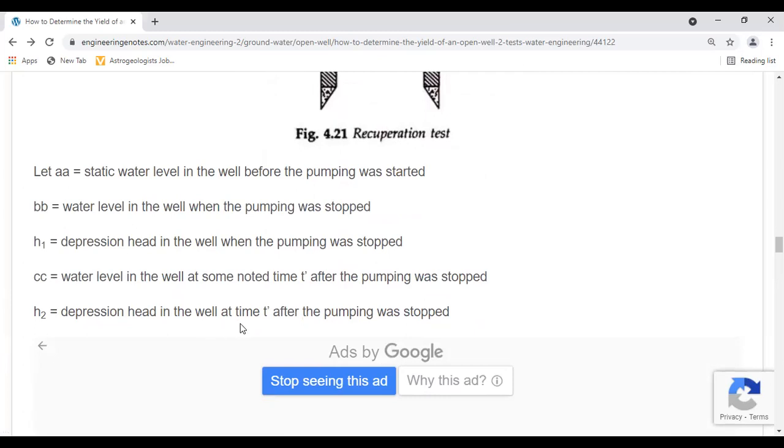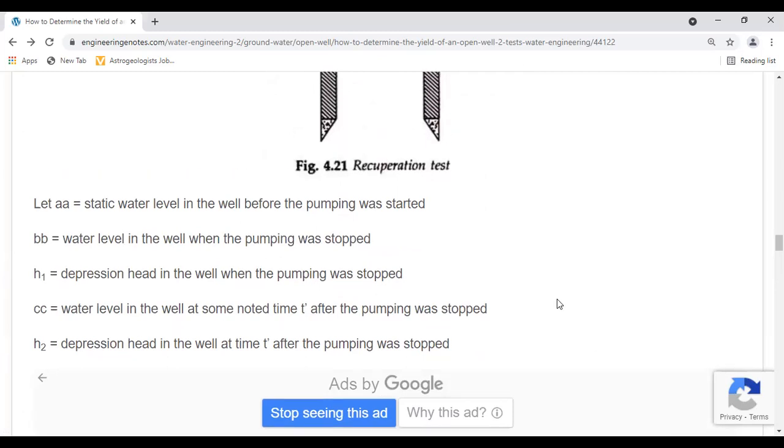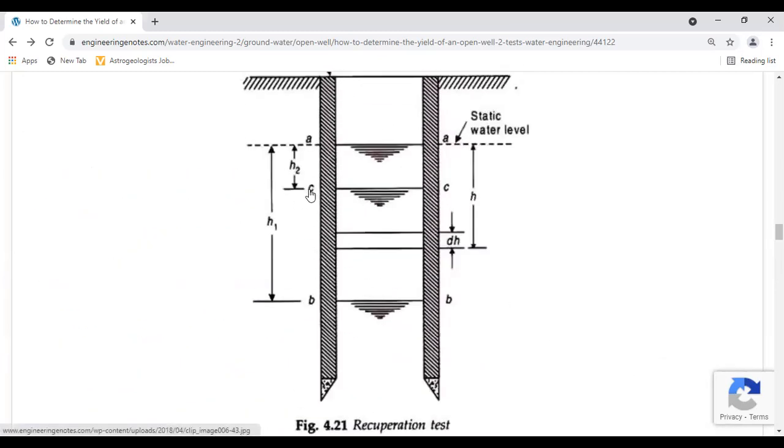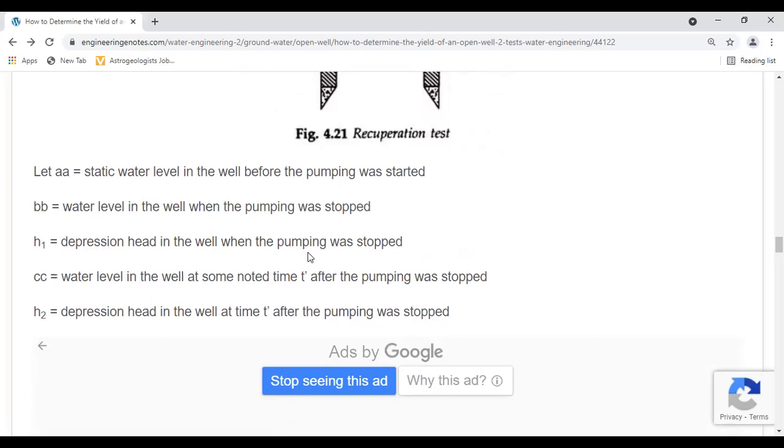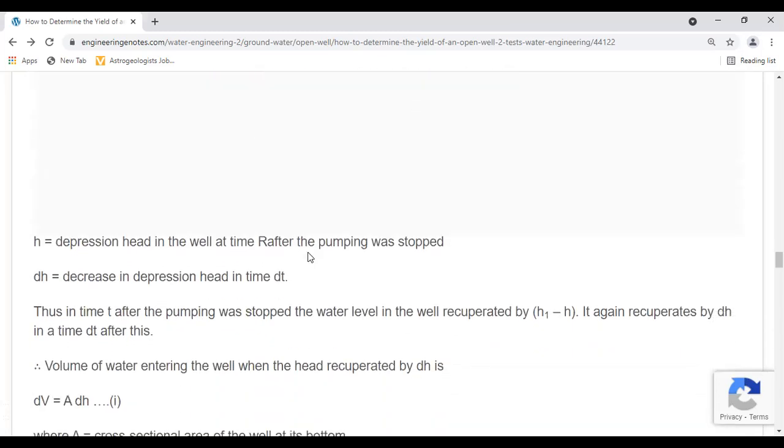the depression head in the well at a time T after the pumping was stopped. So H is the depression head in the well at a time after the pumping was stopped. dH is the decrease in the depression head in time dt.